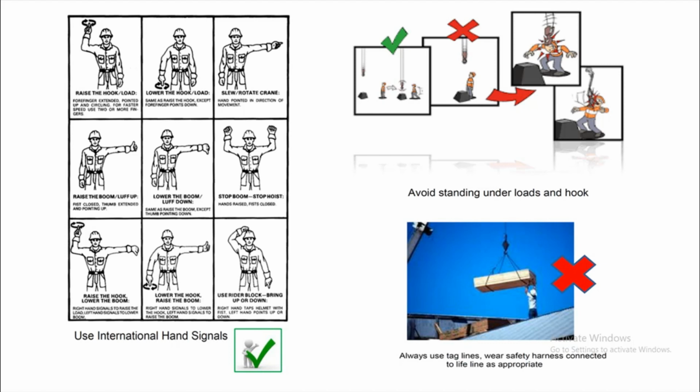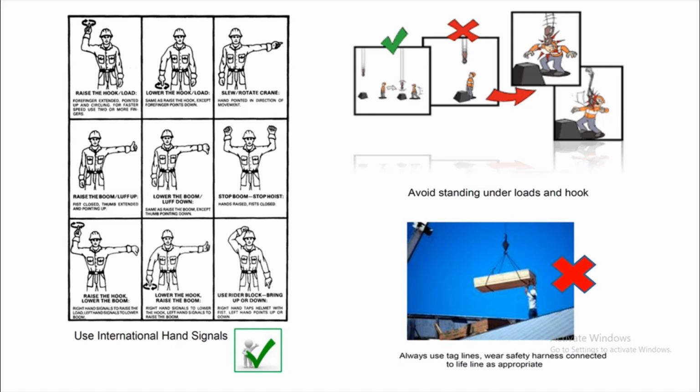If the rigger is pointing to his left, that means the rigging direction is going to the right, because the operator is looking at the rigger, and the left of the rigger is the right of the operator.